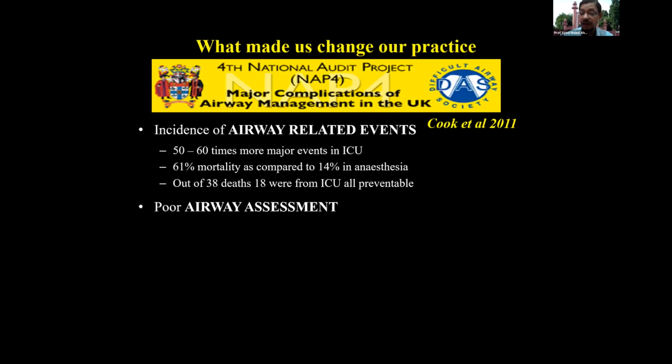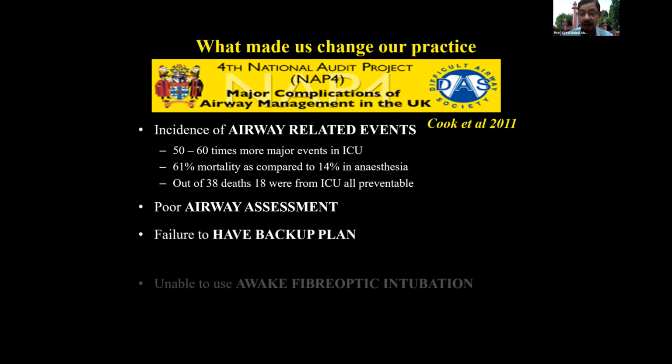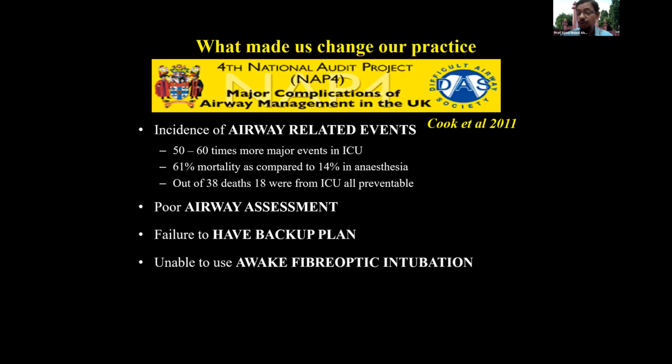Further, if you see, they had a very poor assessment of airway. Now, this is one of the most important factors. If you don't have an assessment, you don't have a backup plan as well. And naturally, you are unable to use your awake fiber optic equipment unless you are practicing on that equipment.